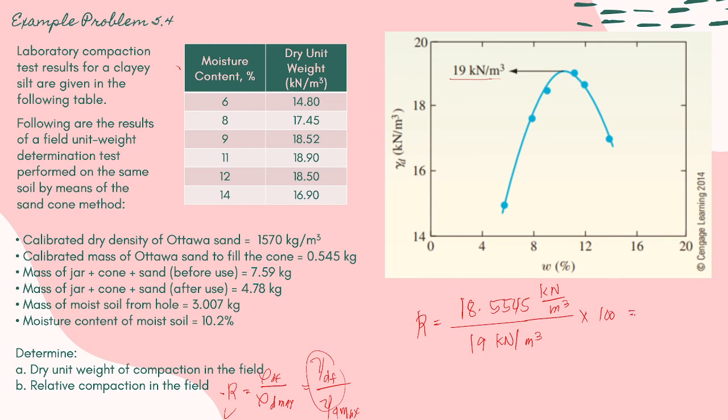This is equal to 97.6552%. So this is the relative compaction.